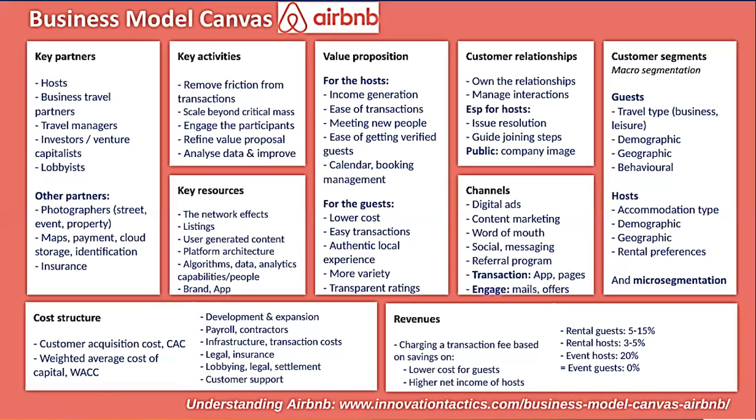And the key resources that Airbnb have required, and they are always improved upon, is the network effect, the listings, user-generated content, platform architecture, so algorithms, data analytics capabilities, people, brand, apps.